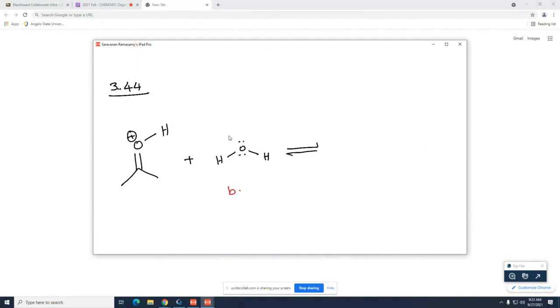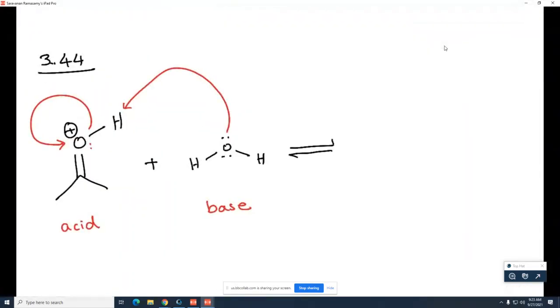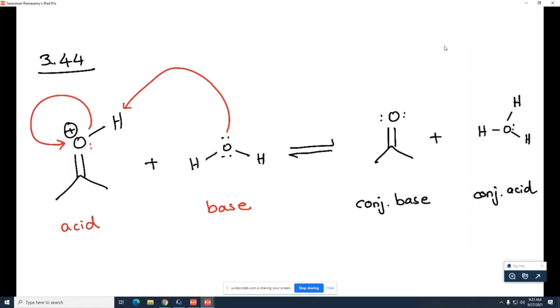Okay, let's draw the curved arrow from the base to the acid. For the backward reaction, the question did not ask for this, but I'm still drawing the curved arrow for the backward reaction.